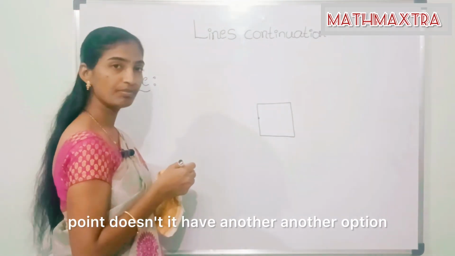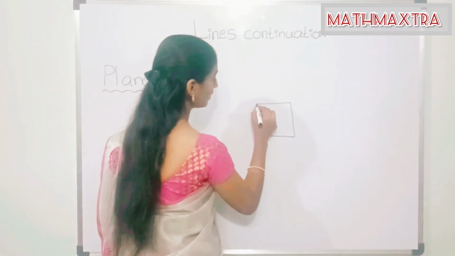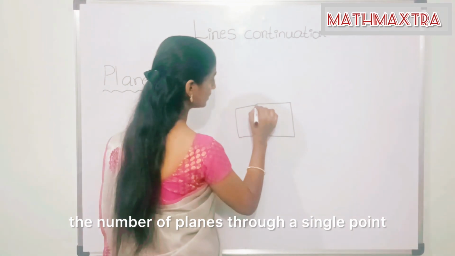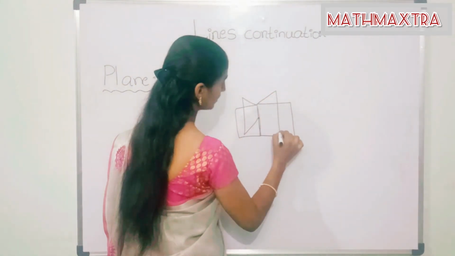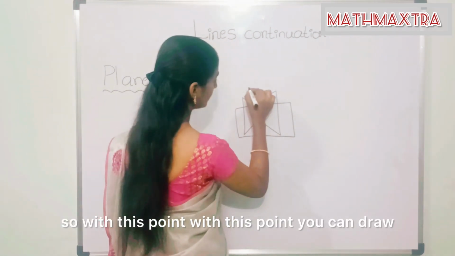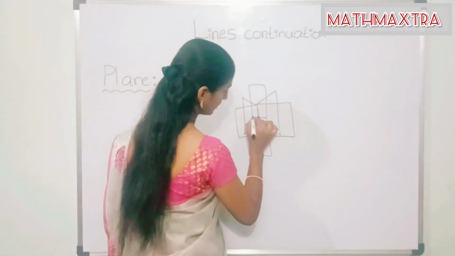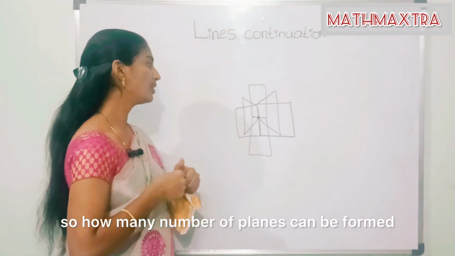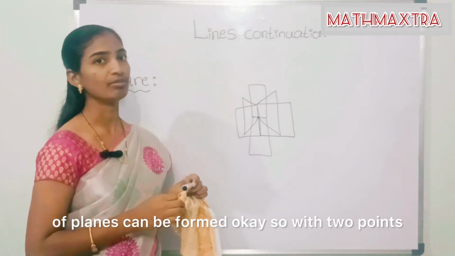Doesn't it have another option? Yes, we can draw a number of planes through a single point. So with this point, you can draw a number of planes. So how many planes can be formed with a single point? Infinite planes can be formed.